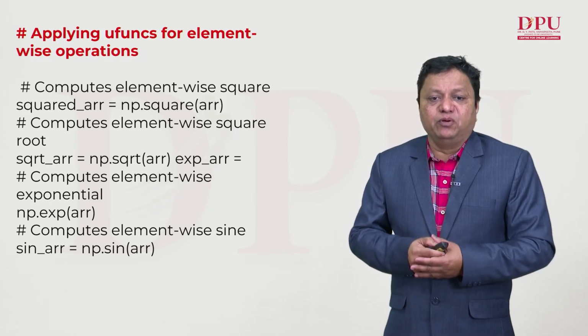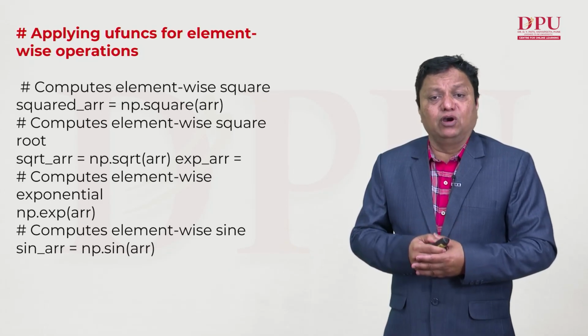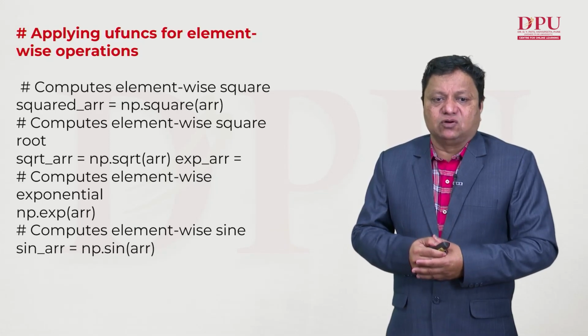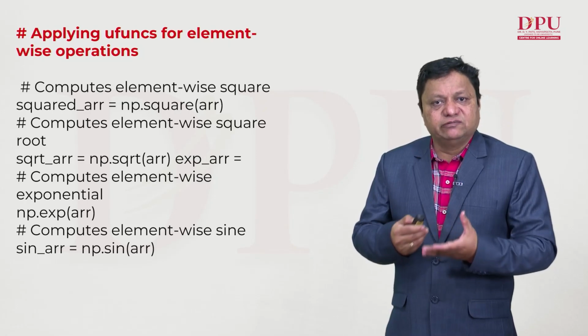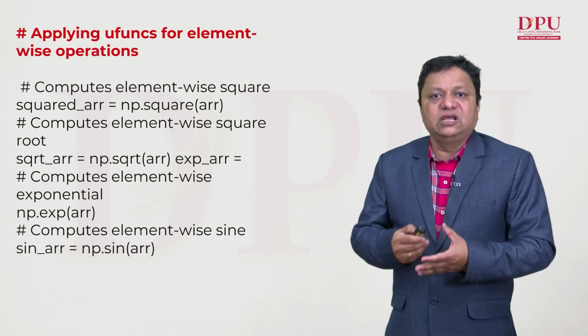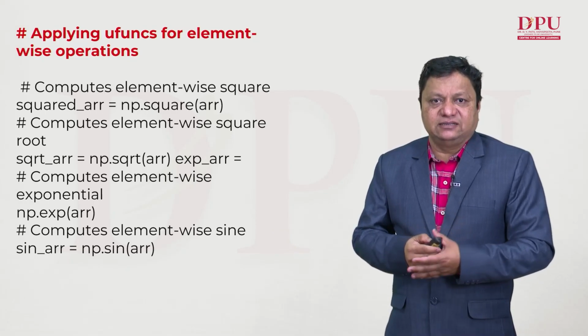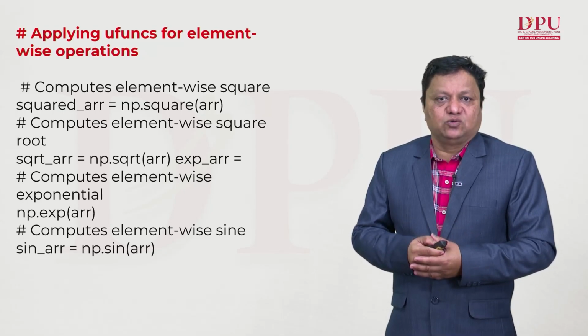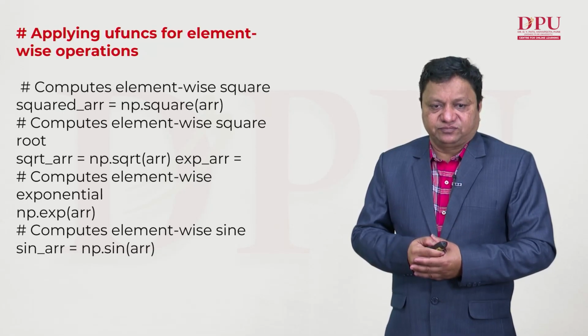This will compute the element-wise square root. If you want to compute the square root, I will just call the sqrt function on the array. This will calculate the square root of all the elements of my array, in this case ARR, and store it into sqrt_ARR.